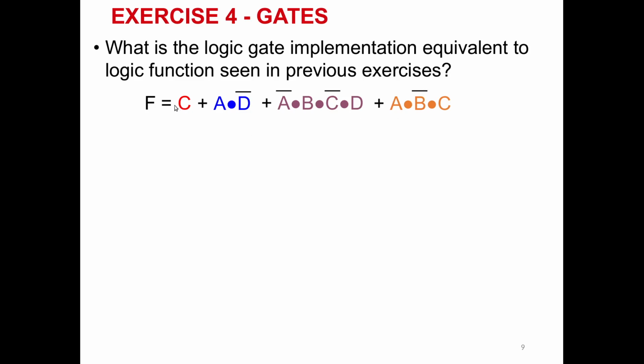So we will need the input C, which is just the input, then A and not D, then not A and B and not C and D, and then the result of A and not B and C. So we have here the signal for the input C, and then we need another result for A and not D. So we will input an AND logic here, in which the input value of D will be inverted first.